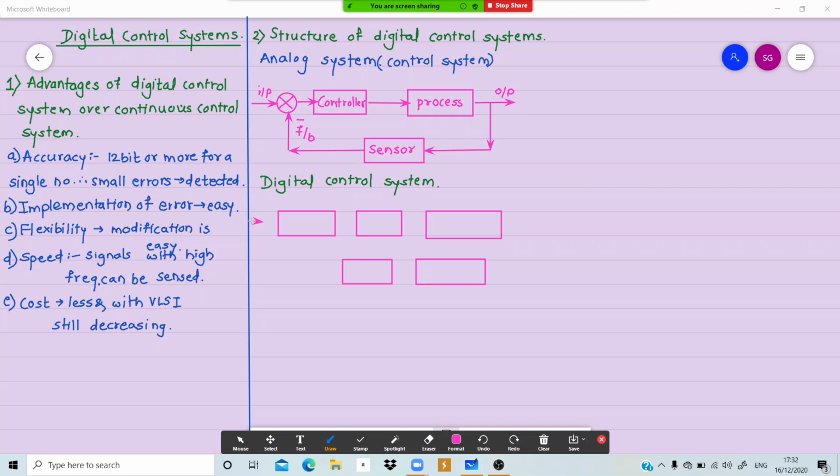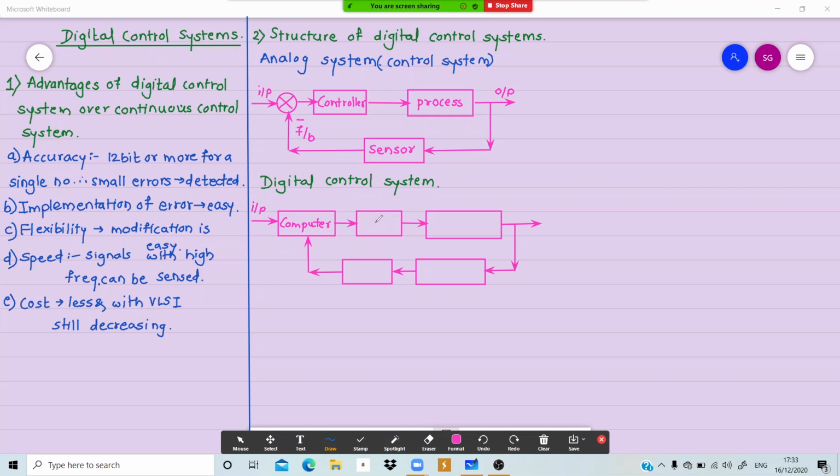Now means what? Again I'll draw it, have patience. Yeah, and I'm giving this thing to the computer. Now instead of a controller, you are having some computer, might be your PLC, might be DCS, might be SCADA, anything which is handling the signal digitally, right? So you are giving input to the computer, correct?